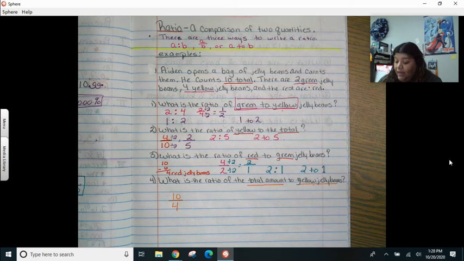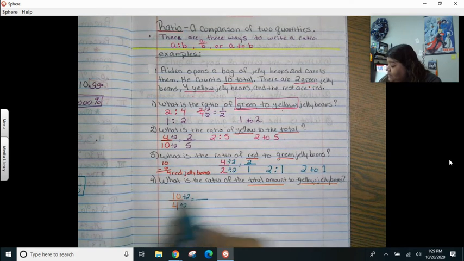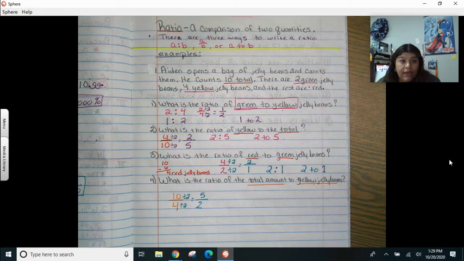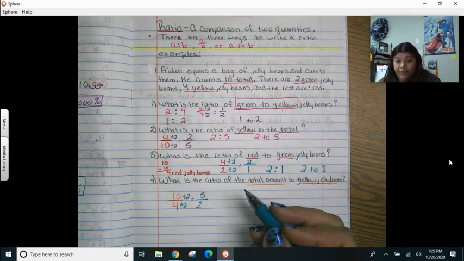But we need to simplify, okay? Can we simplify or reduce our fraction? They're both even, so I know for sure 2 will work. So 10 divided by 2 is 5. 4 divided by 2 is 2. Can I go any further? No. So the ratio of the total to the yellow is a 5 to 2 ratio, okay?